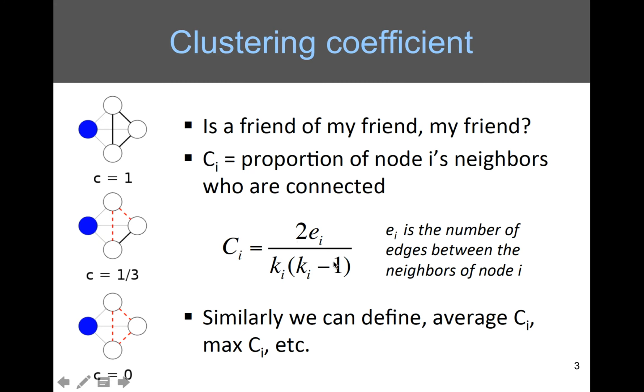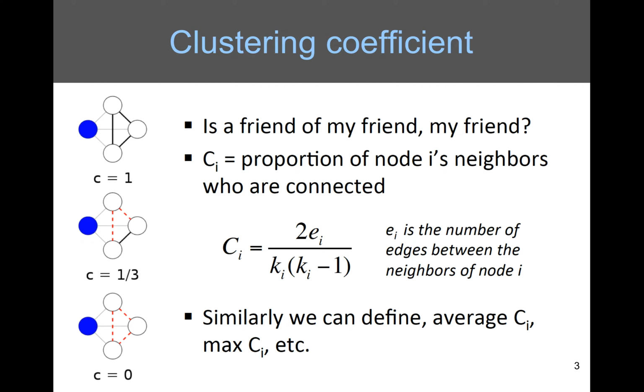And that's why the 2 goes to the numerator. You're taking that in the denominator and expressing what fraction of possible edges actually exist. That's why you get 2e divided by k_i times (k_i minus 1). So it's a very simple way to calculate the clustering coefficient of every single node.